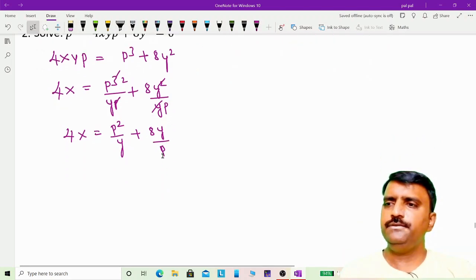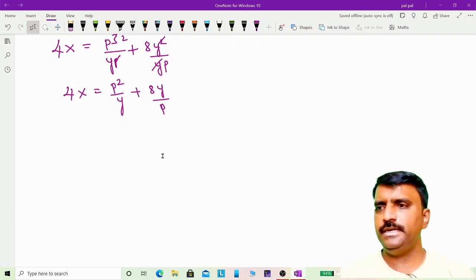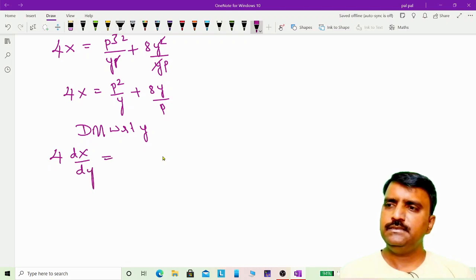So now we have to differentiate this with respect to y. So it is 4 into dx by dy is equal to, you write 1 by y as it is.